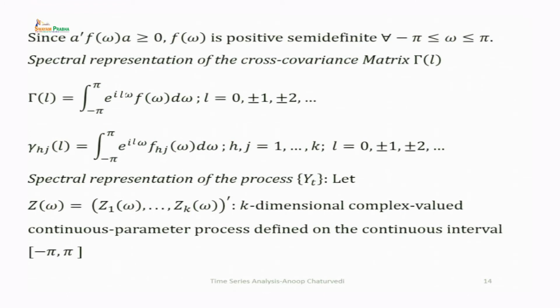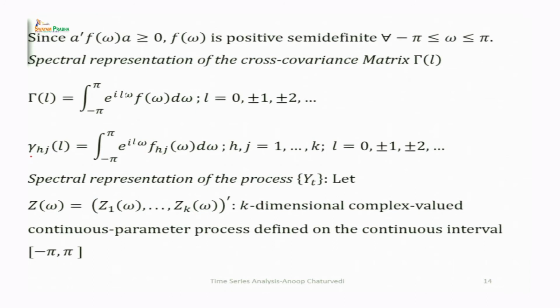Then the spectral representation of the cross covariance matrix gamma L is gamma L equal to integral from minus pi to pi e to power I L omega f omega d omega, where L varies over 0, plus minus 1, plus minus 2, and so on. And then the hjth element of gamma L is integral e to power I L omega f h j omega d omega.